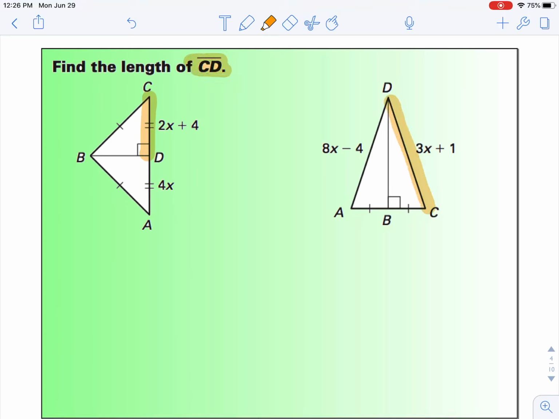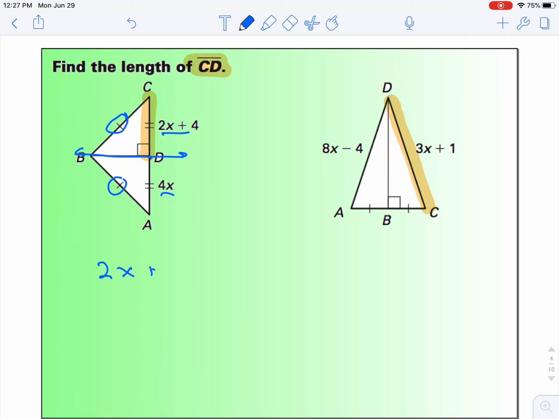Well, in the first example, we can see that BD is the perpendicular bisector. We can show that simply because it's marked that way, but we can also see that these two are marked equidistant, so we know that point is on the perpendicular bisector, so these two pieces will be equal to each other.